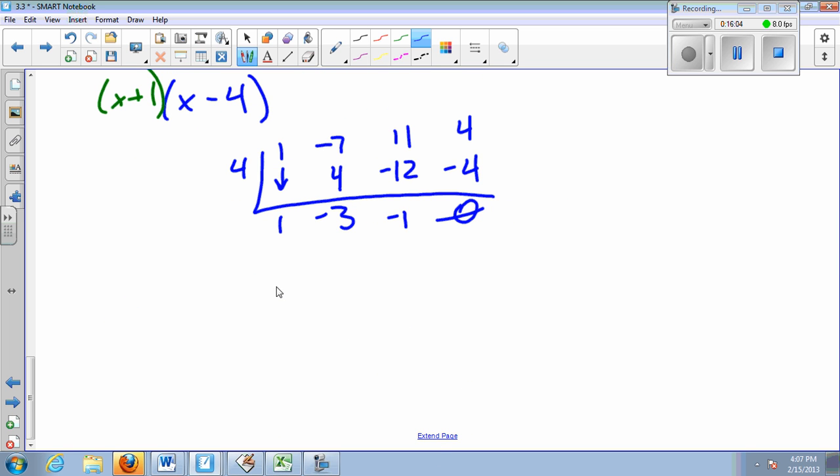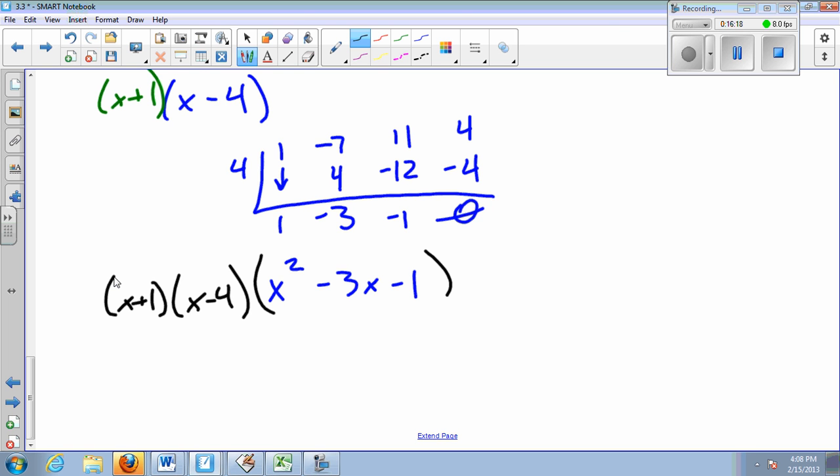So now this is x squared minus 3x minus 1. And we get down to a quadratic, but it's not factorable.